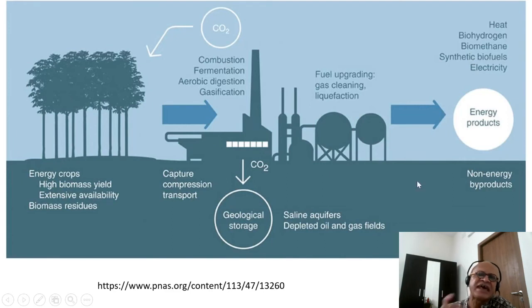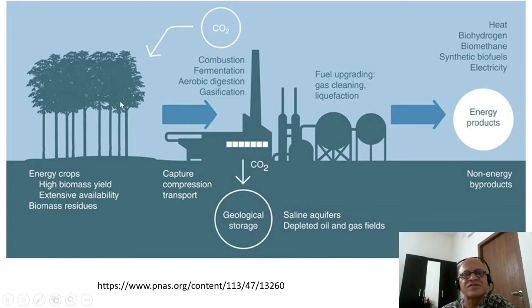There are ideas of enhancing soil carbon in agricultural land, using more wood for buildings, all kinds of ideas, but none of them really amount to the levels of CO2 drawdown that is required. And the main problem is that the carbon capture and sequestration by plants through photosynthesis is incredibly inefficient.